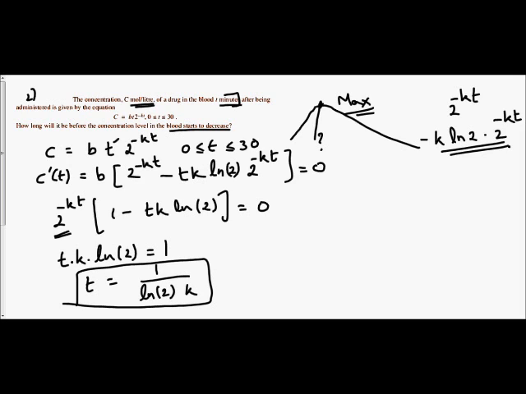So is this maximum? We know that the derivative is equal to 0, therefore it has to be a maximum or minimum. Is this maximum? So what you have to do is find the second derivative of c at t equal to this value.